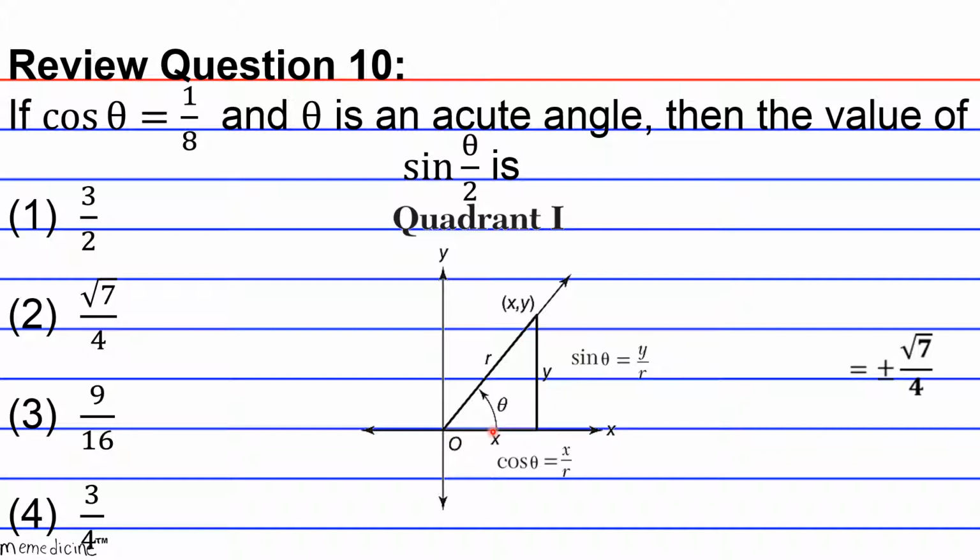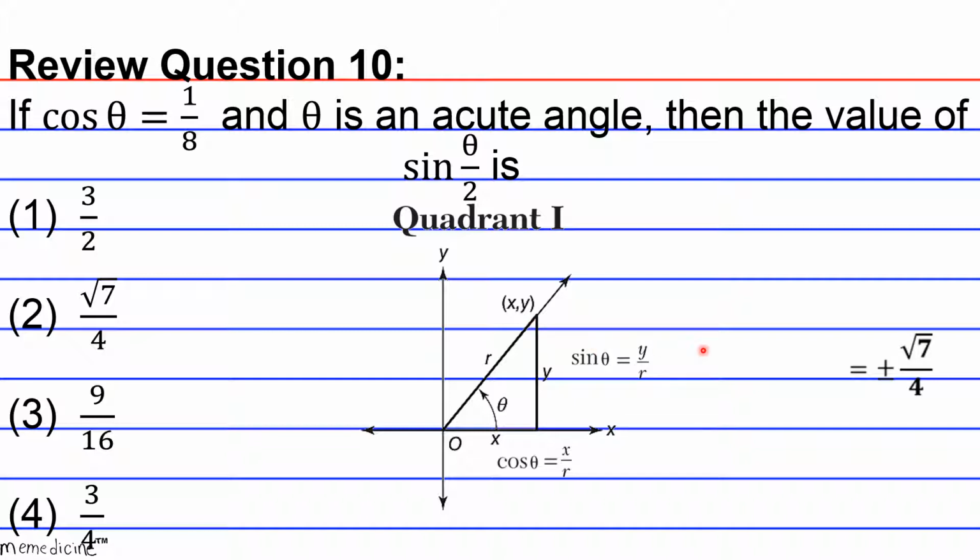In quadrant 1, the y values are always going to be positive because they're not below the x-axis, which is negative. And the measurement of the ray, or the hypotenuse, will always be positive regardless of which quadrant it's in, because it's a measurement, which can't be negative. It has to be in existence.